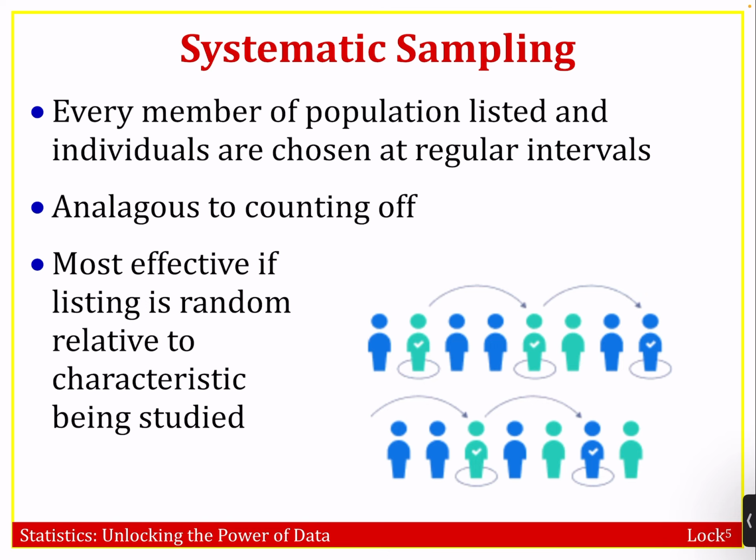This is analogous to pulling names out of a hat or selecting bingo balls or that lottery ball machine, right? Sometimes we want to be a bit more systematic. And so systematic sampling is another form of sampling that can be random, actually is random, if you're careful. So what you do in systematic sampling is you list out every member of your population, and then you choose individuals at regular intervals.